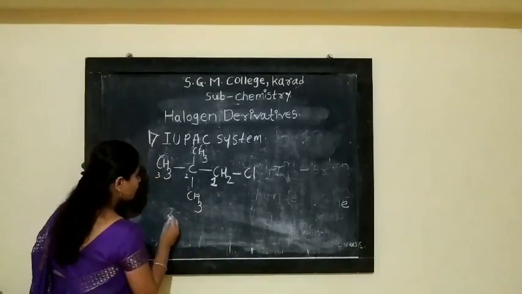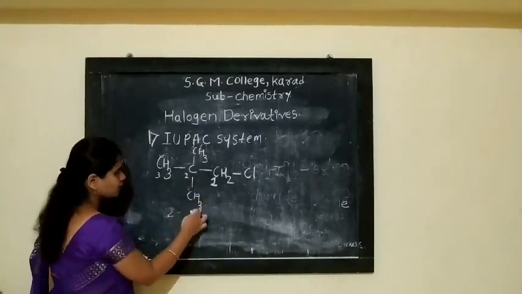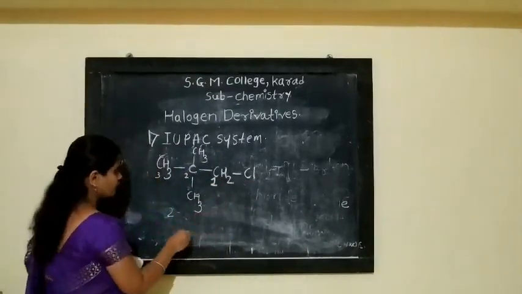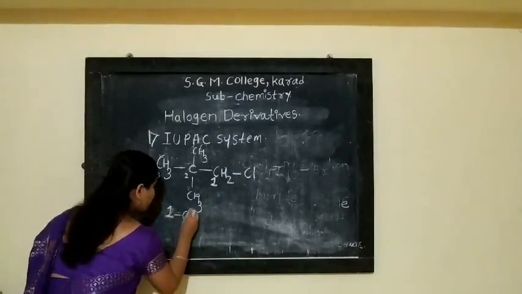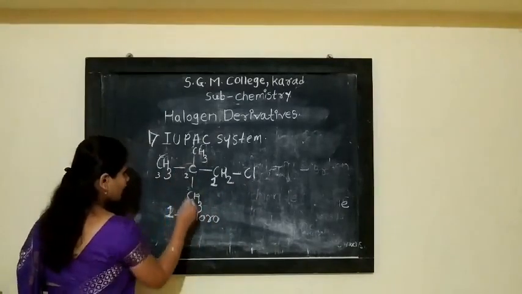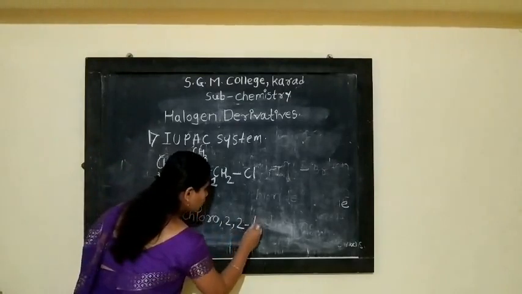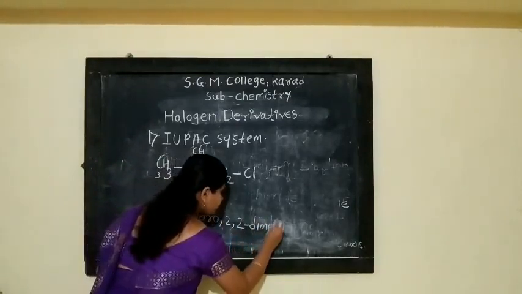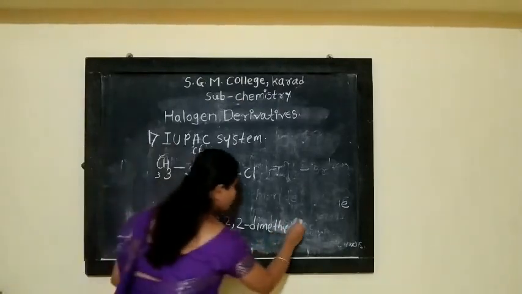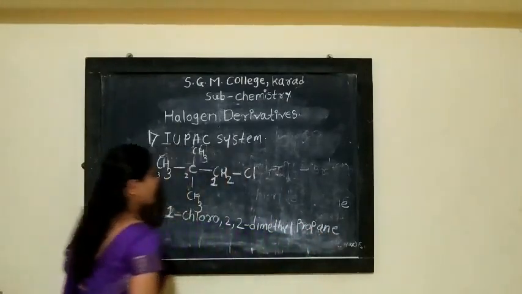Here two methyl groups are attached to the second carbon atom and one chlorine is attached to the first carbon. So the name of this compound is 1-chloro, 2,2-dimethyl propane, because there are 3 carbons in the parent chain.